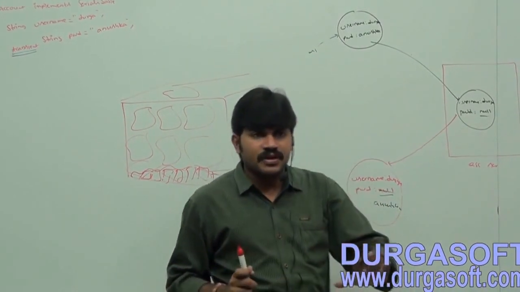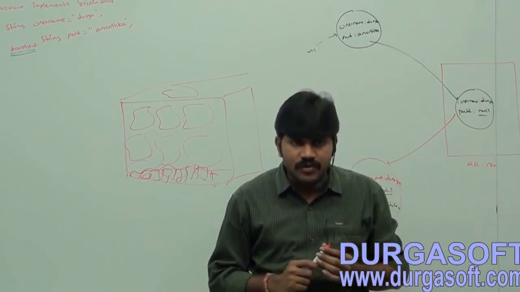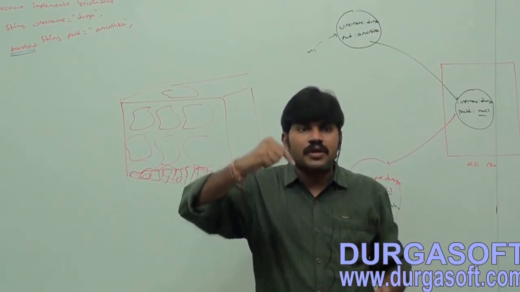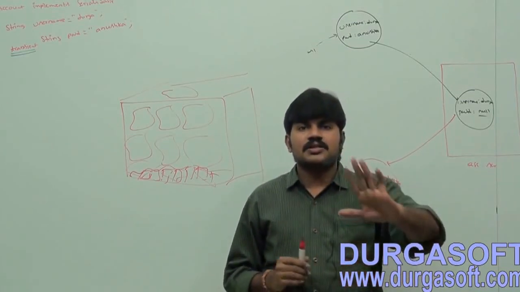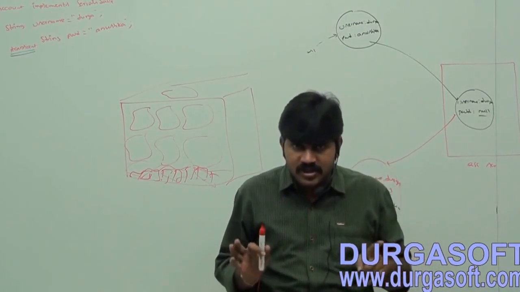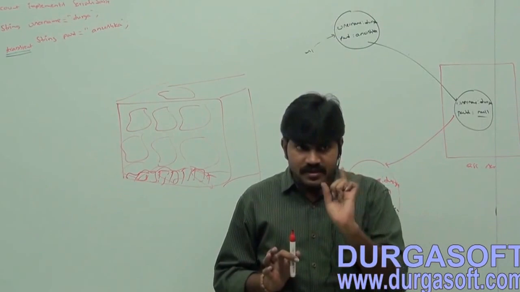If we do some extra work, then we can recover the loss of information. That extra work itself is customized serialization. Any explanation required?